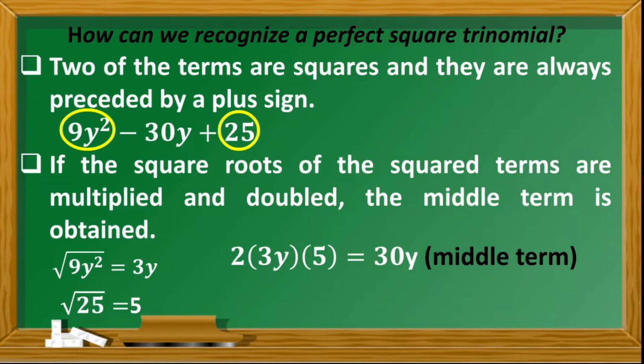So, the answer is 30y. Check natin. 2 times 3y is 6y. And then 6y times 5 is 30y, which is the middle term of the equation. Ibig sabihin, si 9y squared minus 30y plus 25 ay perfect square trinomial.